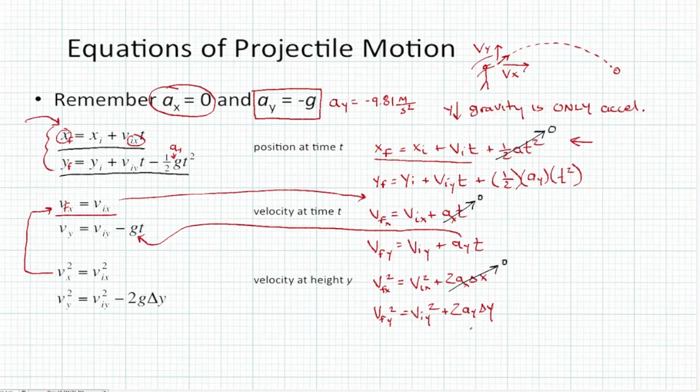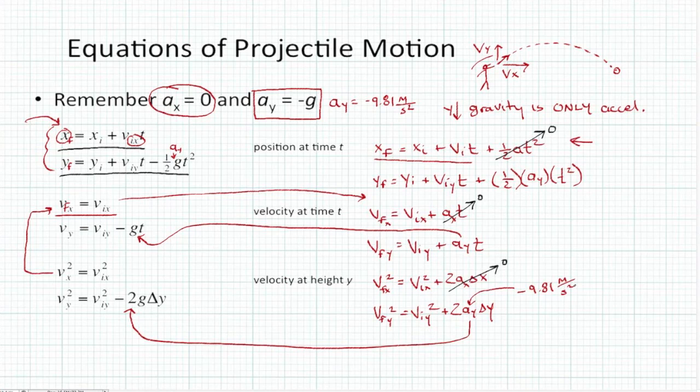This is very much the same as that. You might just call it minus 2g delta y, or you could say plus 2 times ay delta y, but make sure you substitute in negative 9.81 for ay. Our acceleration in the y is always going to be negative 9.81 meters per second squared.